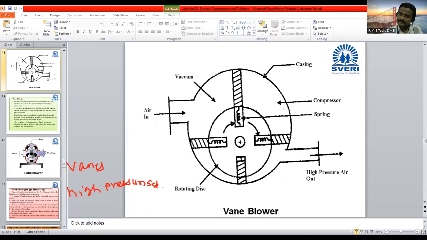Understood? अजूनही क्लॅरिटी ज्यांना असेल त्यांनी युट्यूब वरती जाऊन बघायचं ते कसं फिरतंय आणि कसं ते वेन्स कॉम्प्रेस होतं आणि ती एअर कशी येत असते आणि ती एअर कॉम्प्रेस होऊन प्रेशर त्याचं वाढते आणि ती प्रेशराइज एअर परत कशी डिलिव्हर्ड आउट होते. ओके, if you are not able to imagine theoretically you can just watch the video. Okay, so through the video also you can get clarity how the vane blower compressor works. ठीक है, shall we proceed next?